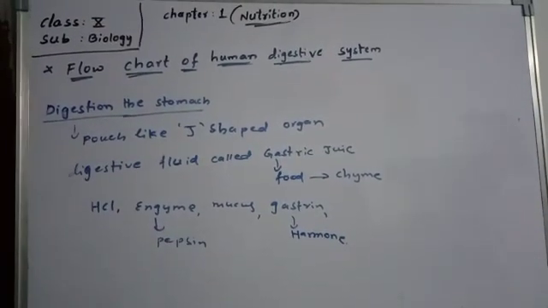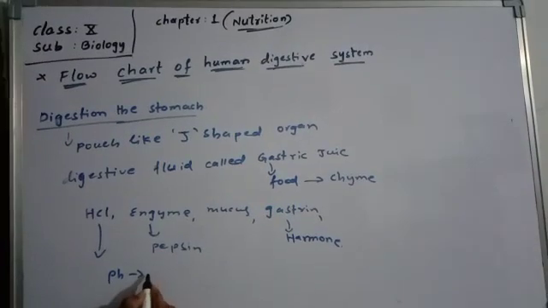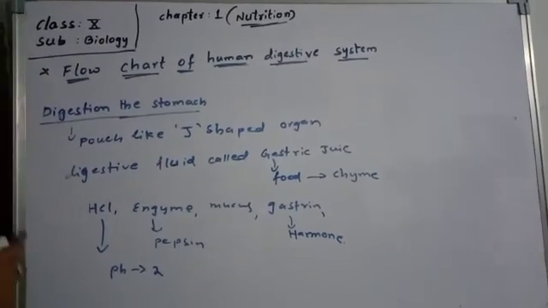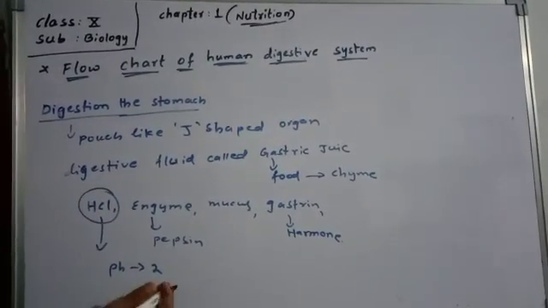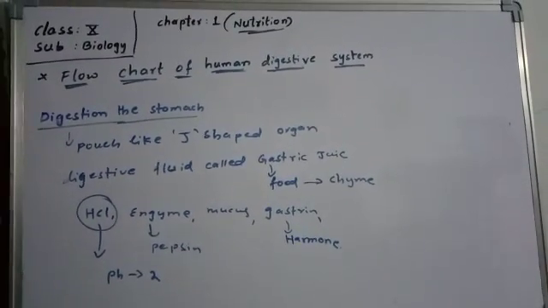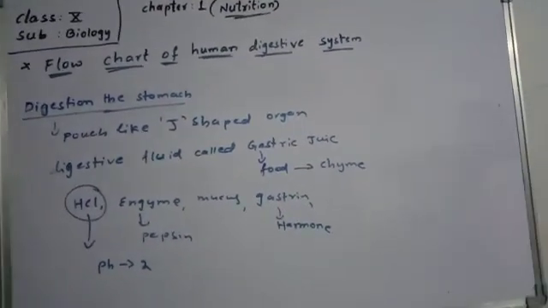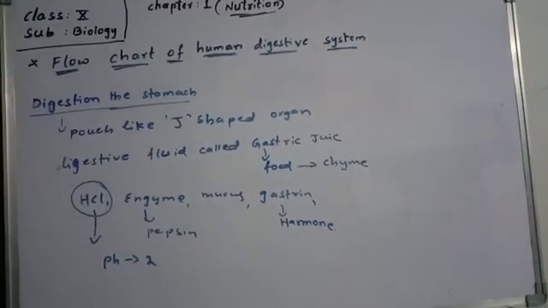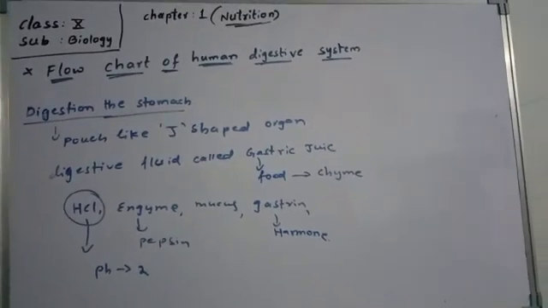The pH value of HCl is 2, a low pH. This low pH unfolds proteins and exposes peptide bonds, and HCl also disturbs the extracellular matrix.